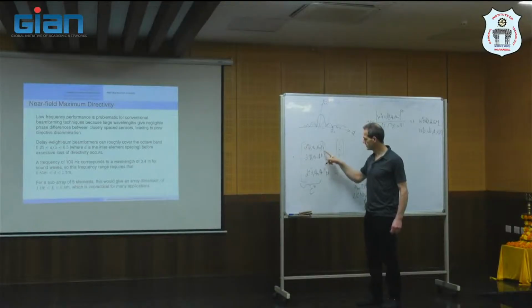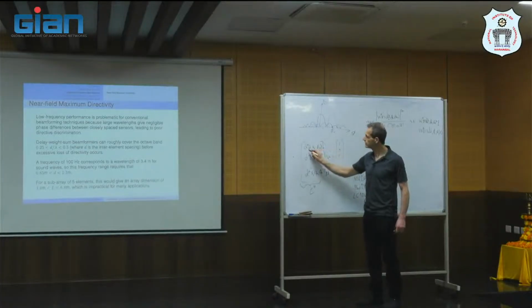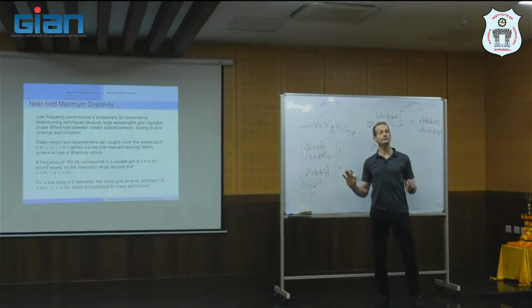So it depends. If the desired source is in the near field, it will be near field. If for this source we don't care about the distance because it's far field, it will be far field. And so on. Okay, so we understand this.